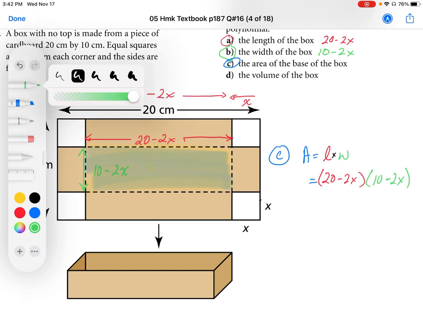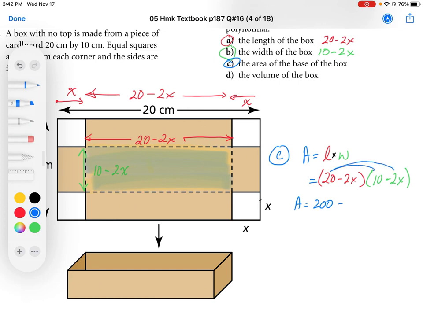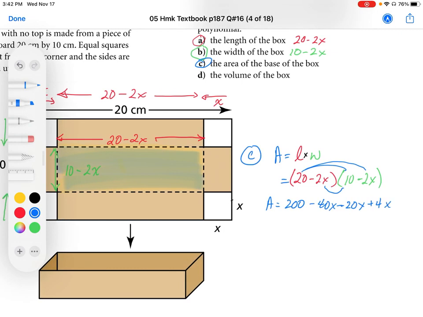Now I can expand this out, and the area is going to be equal to 200 first, outside, so minus 40x, inside, minus 20x, plus 2x times 2x is 4x squared.